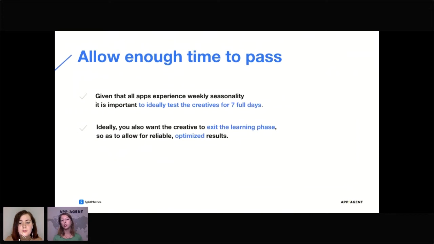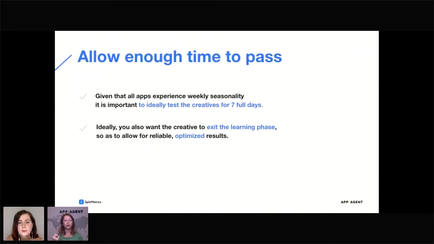For example, in gaming or entertainment or even the fitness space, the weekends tend to be super high performing, and then the middle of the week is very, very weak. Whilst maybe for productivity or financial apps, this might be the other way around, right? The weekend is probably not so strong, and then the beginning and middle of the week will be very, very good.